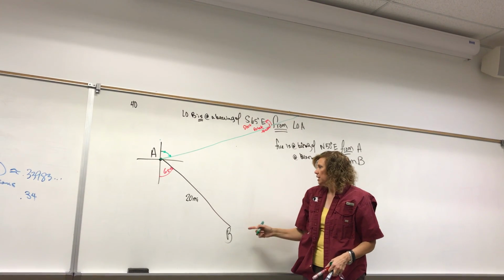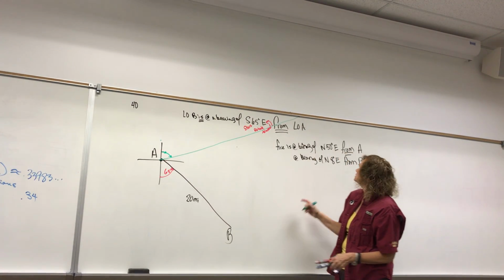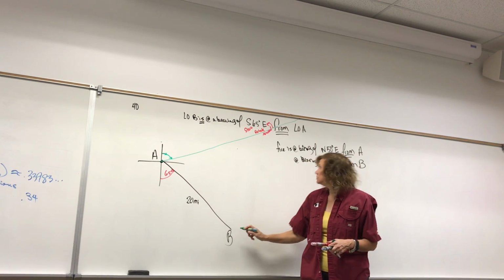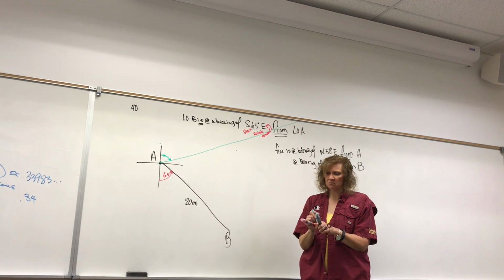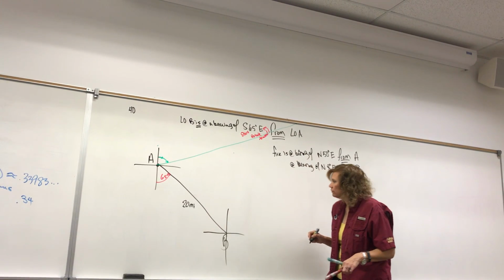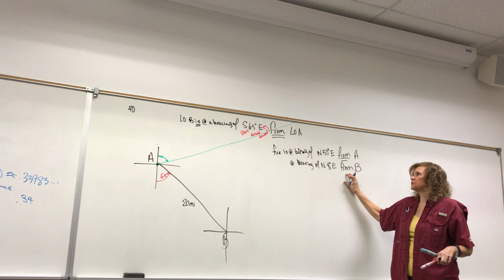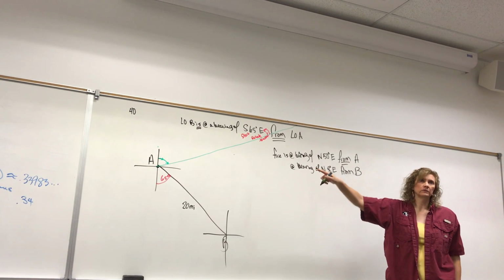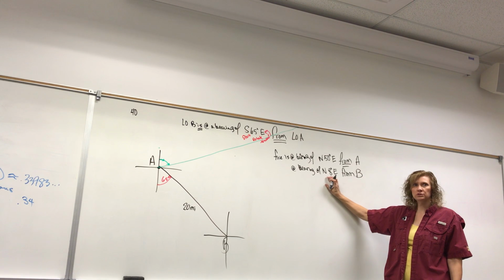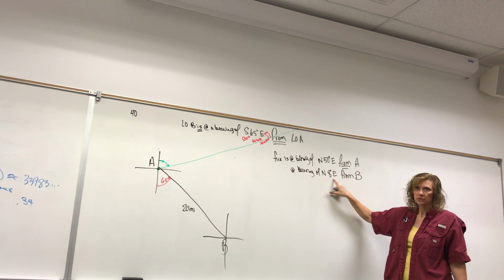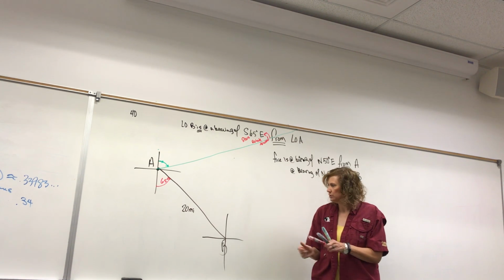Okay, so we can leave B right here. Now, my bearing is from B. I am not going to do this over there by A. So from B, I'm going to use this bearing, which means we're going to rotate 8 degrees from north toward the east.